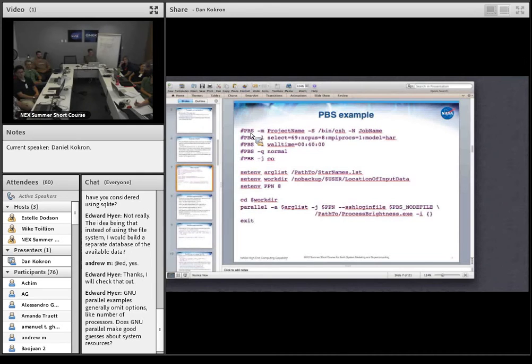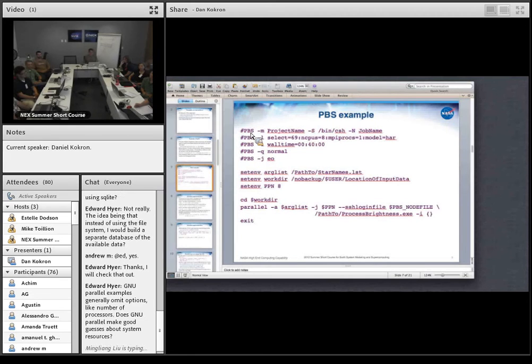The accounting is a little different too, isn't it? I don't know how the sandbox accounting works. I wouldn't be surprised if it's different. So in other words, on Pleiades, standard billable units are allocated to PIs and to groups. So NEX has a certain number of SBUs for all the people working with NEX.